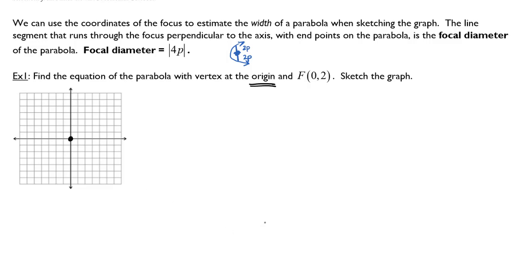And then I know that the focal point is at 0, 2. 0 in the x direction, 2 in the y direction. So I'll label that as F, the focal point, and I know that the distance from the focal point to the vertex is 2.